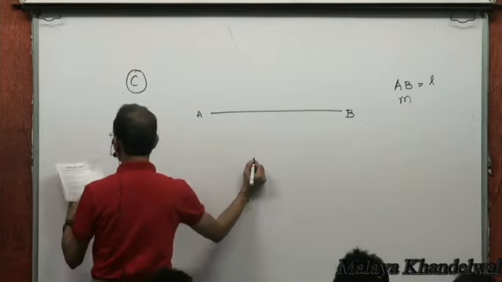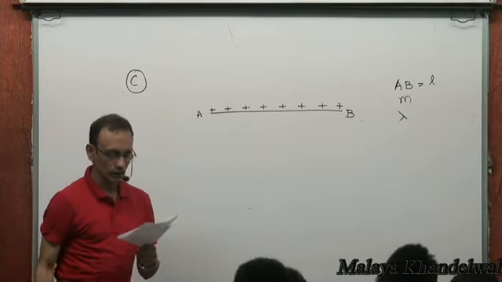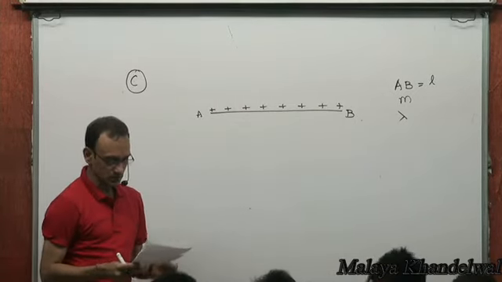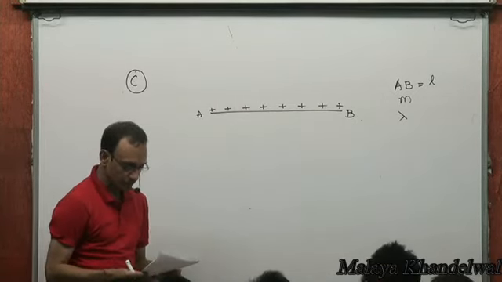It is pivoted at A and is hanging freely horizontally like this. Pivoted at this end, say, and it's hanging freely. Right? Like this.